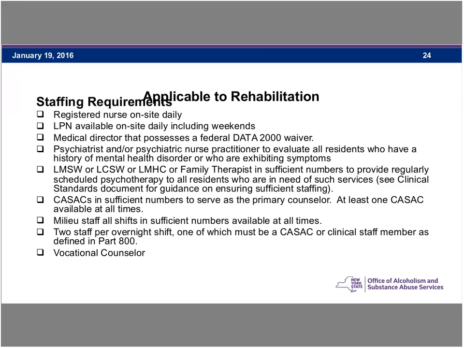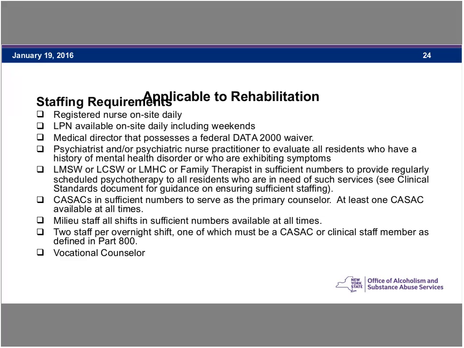Psychiatrists and/or psychiatric nurse practitioners to evaluate all residents that have a history of mental health disorder, LMSW, LMHC, or family therapist in sufficient numbers to provide psychotherapy, CASACs in sufficient numbers to serve as primary counselors, and milieu staff on all shifts in sufficient numbers.